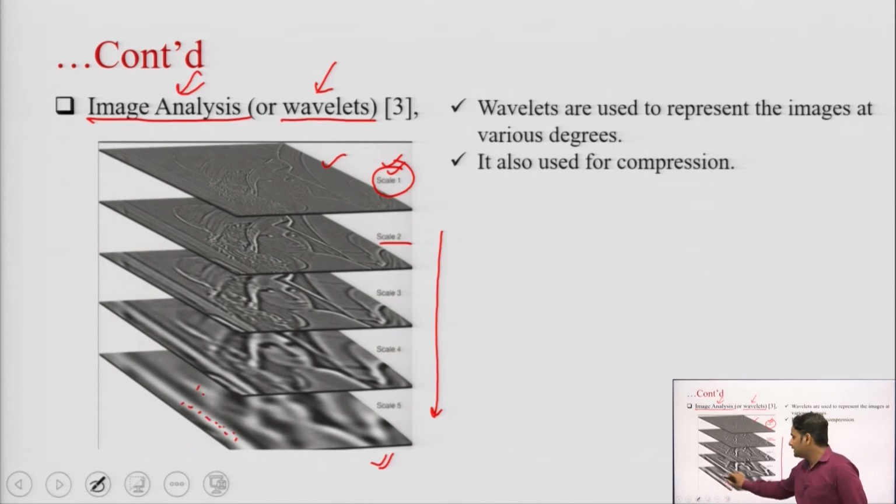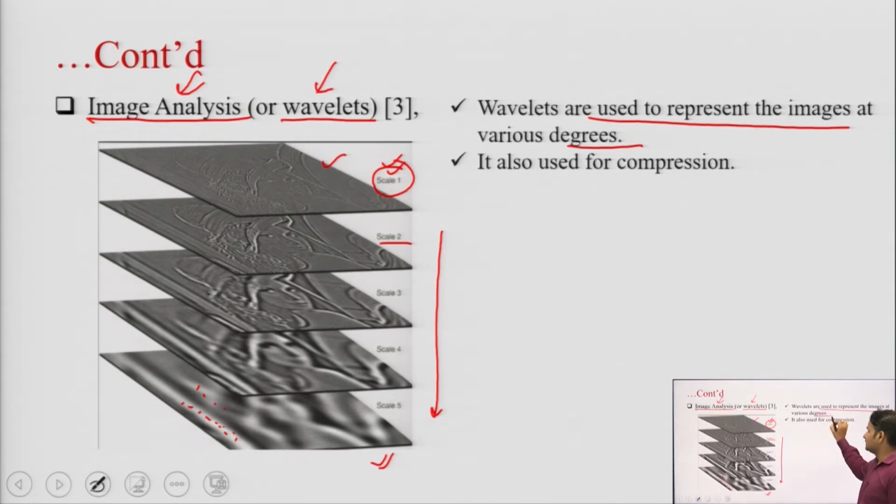What is the intensity or density of this pixel, you can easily identify using the image analysis or wavelet analysis. Wavelets are used to represent the images at various degrees. So, by using the wavelet transform you can identify the degree of each and every scale.